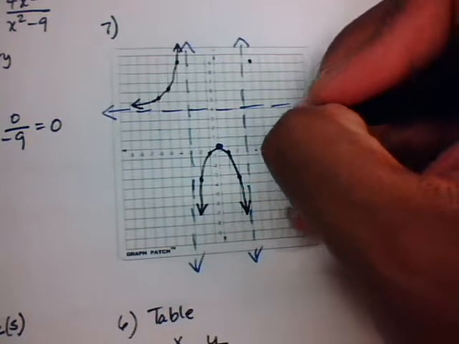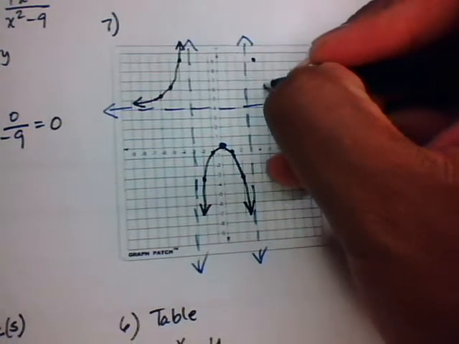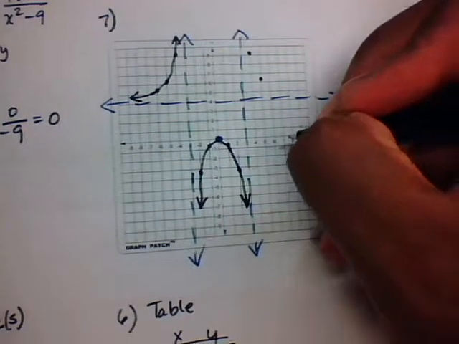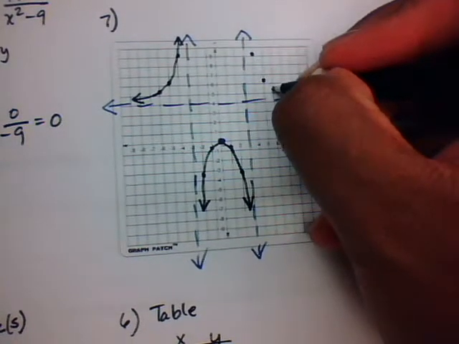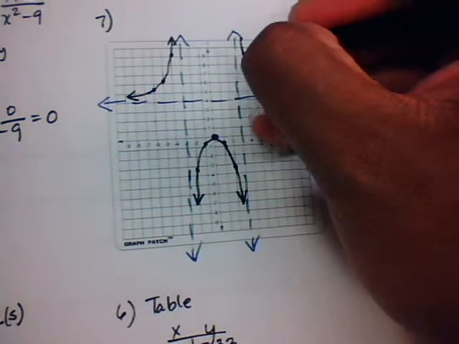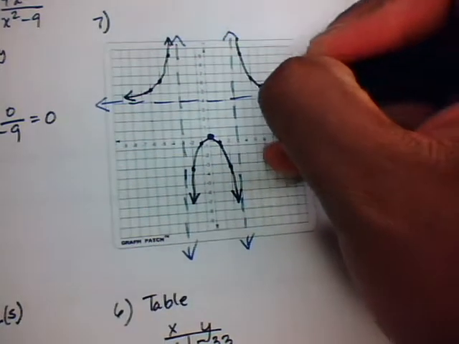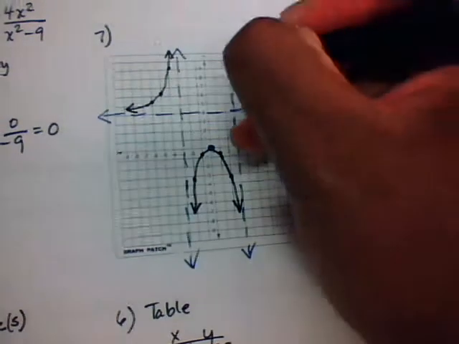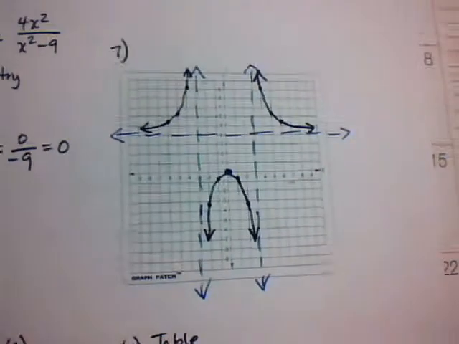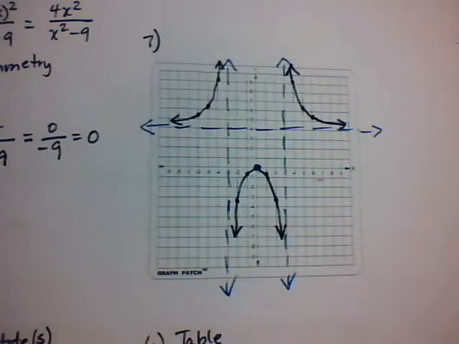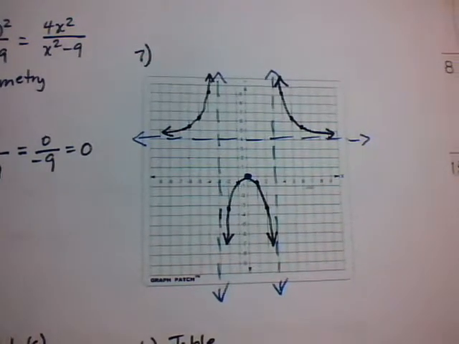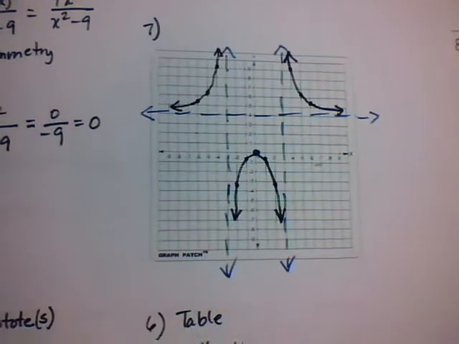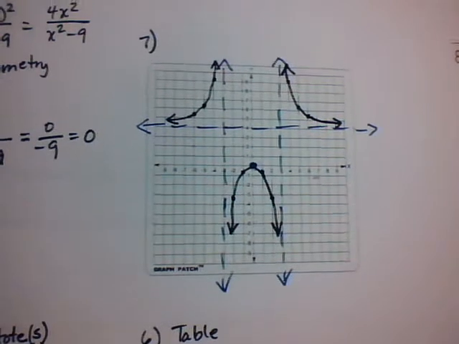And then 5 and 6.25, and then 6 and 5.3. So here's what the other part of that graph is going to look like. Okay, and this is what the graph of the rational function f of x is equal to 4x squared over x squared minus 9 looks like.